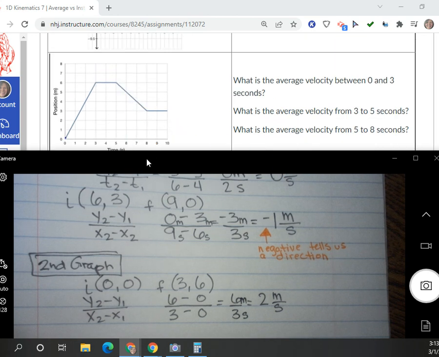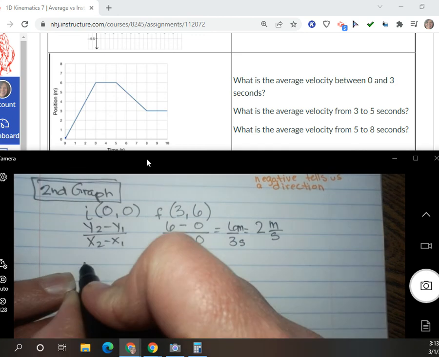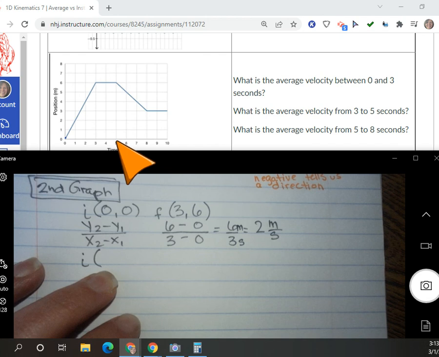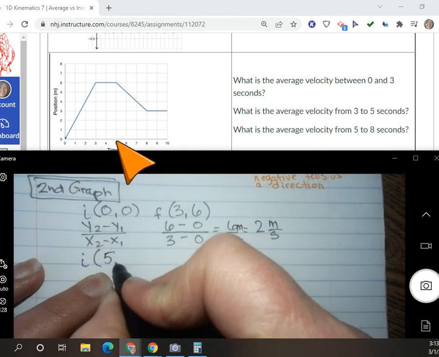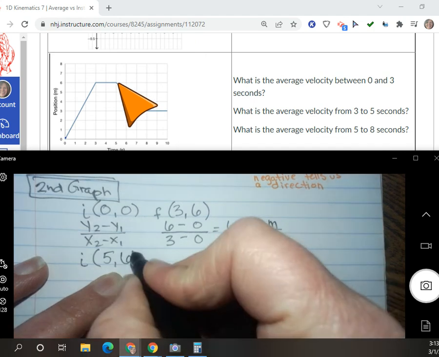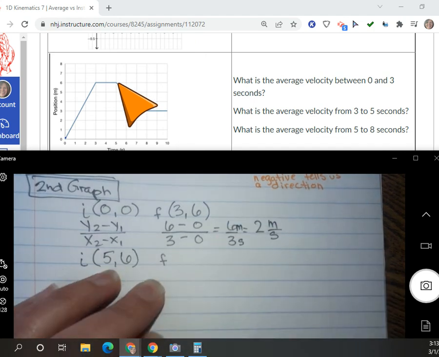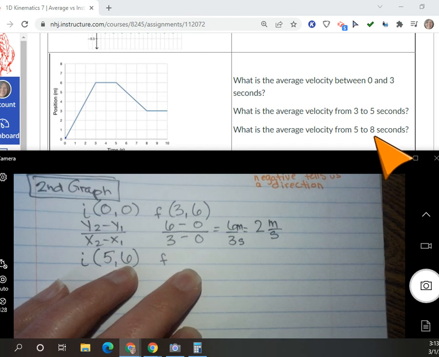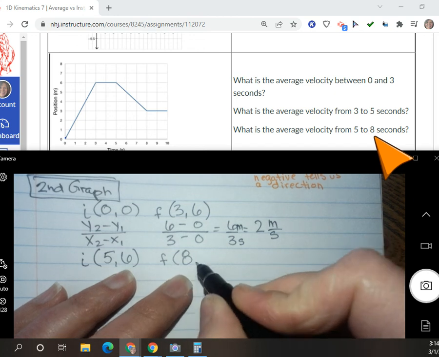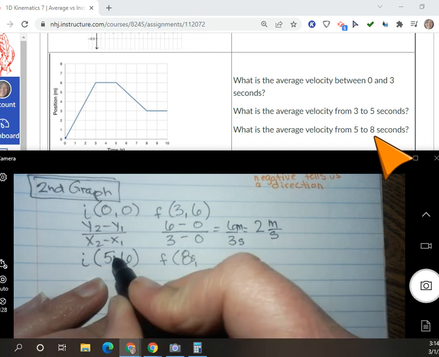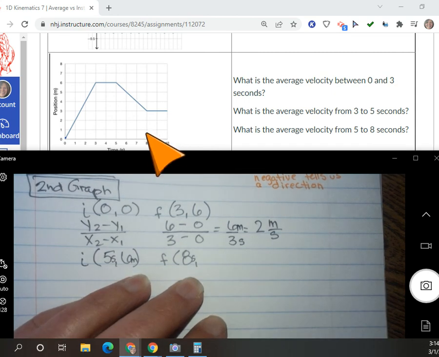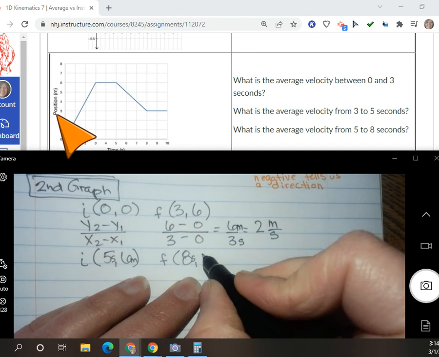All right. The average velocity from 5 to 8 seconds. So let's do this one. Our initial point on the graph is x is 5 seconds and y is 6. Our final point is 8 seconds, so our x is 8 seconds. We know that x is in seconds, so we could add those units there. And our y at 8 seconds is 3 meters.